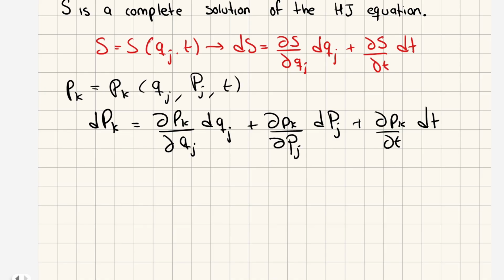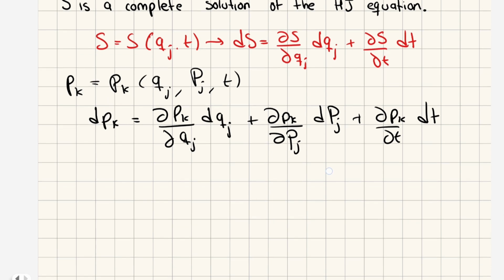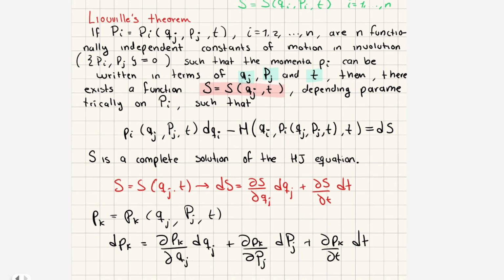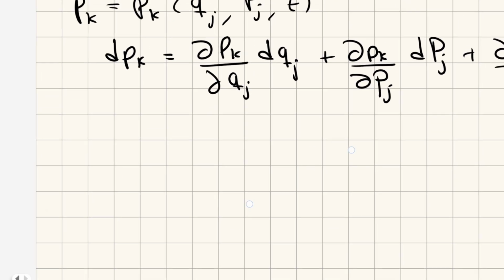Now we are going to calculate the total differential of the capital P's. Remember that this is little p. Here we said that these capital P's depend on the little q's, the little p's, and the time.